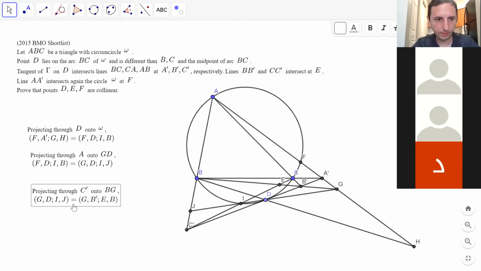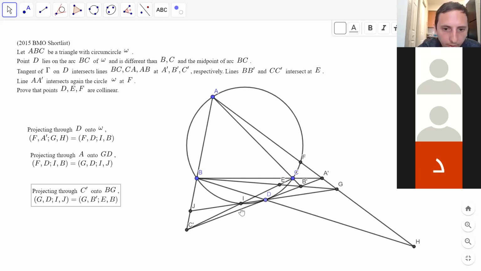And so basically we have F A prime G H is that cross ratio, G B prime E B. So basically by a projection through D, I feel like that would solve it, by projection through D. So what did I use here?